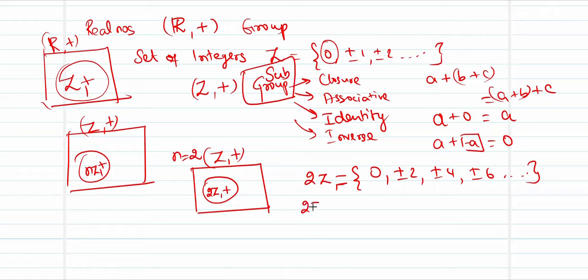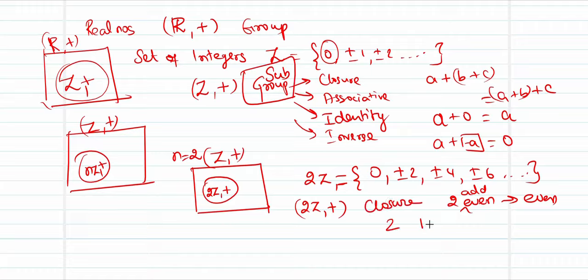This 2Z with respect to plus will also form a group. Can we check? You take any two even numbers and add them. When you add two even numbers, you again have an even number. So the addition satisfies the closure property.